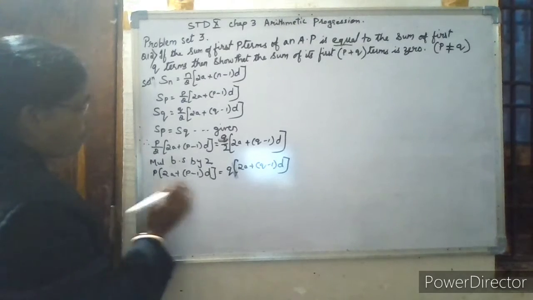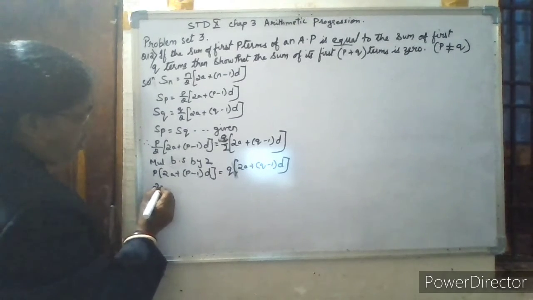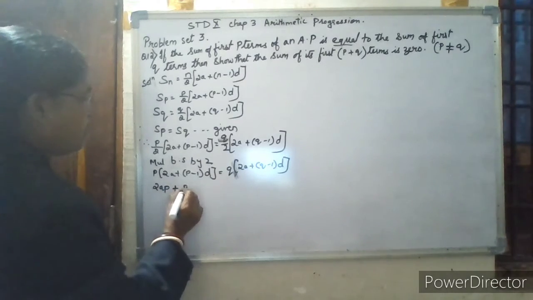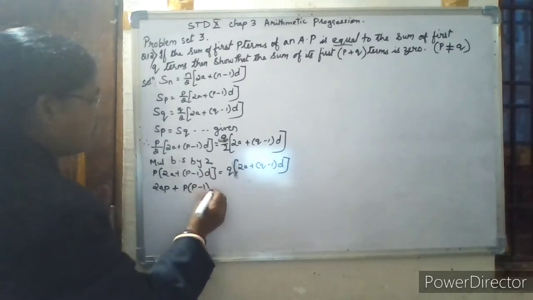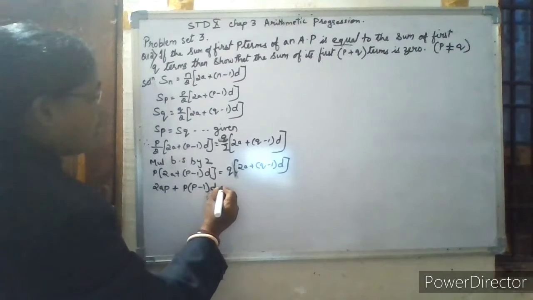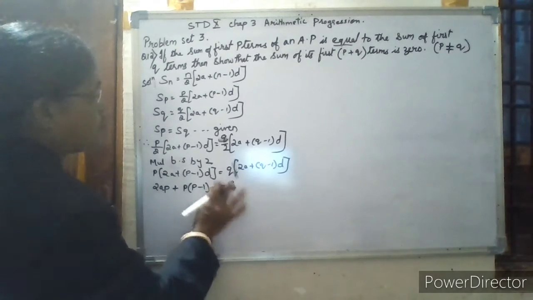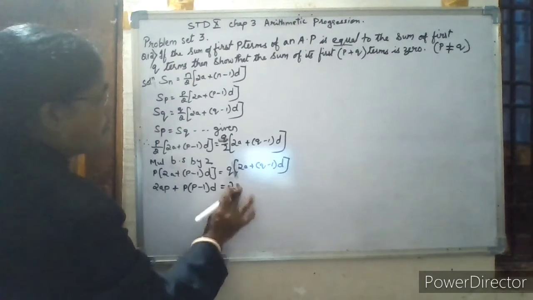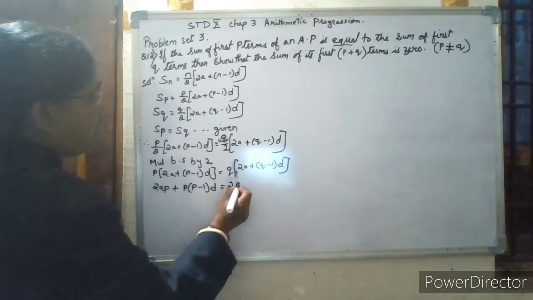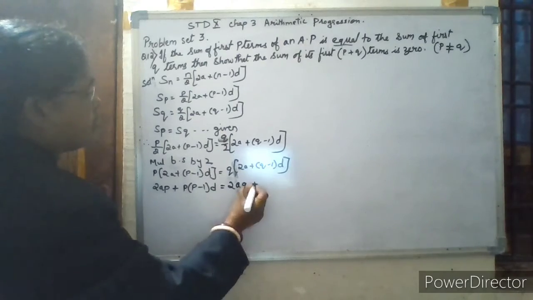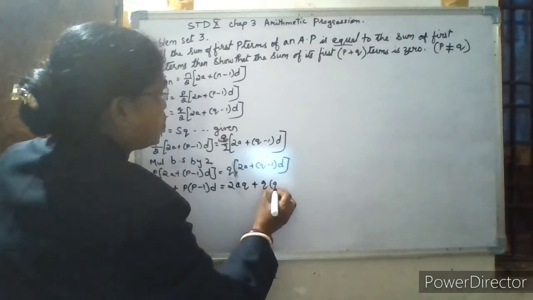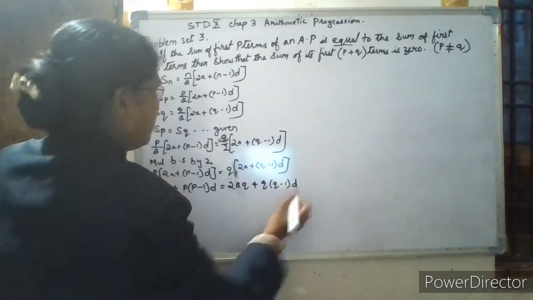So p into this will give you 2ap, then plus p into p minus 1 into d, and this is equal to 2aq, then plus q into q minus 1 into d.